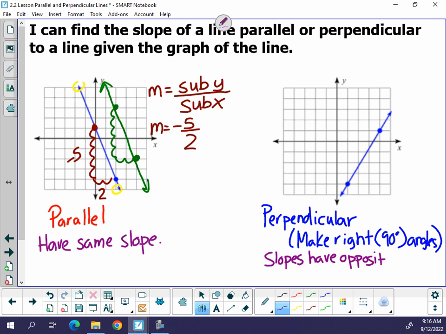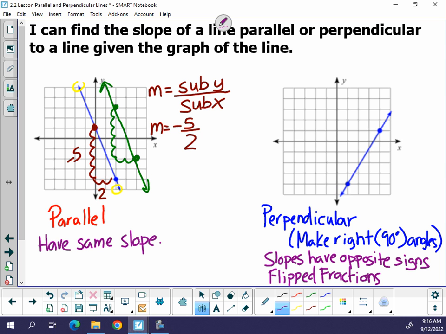So one is going to be positive and one is going to be negative. And then they are flipped fractions. The technical word for a flipped fraction is a reciprocal. So if you want to remember reciprocals, that's great. If you want to remember flipped fractions, that's also great.